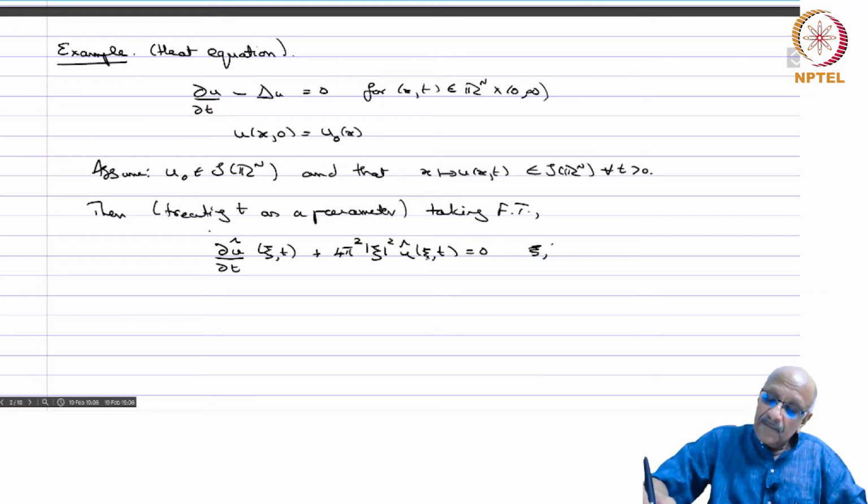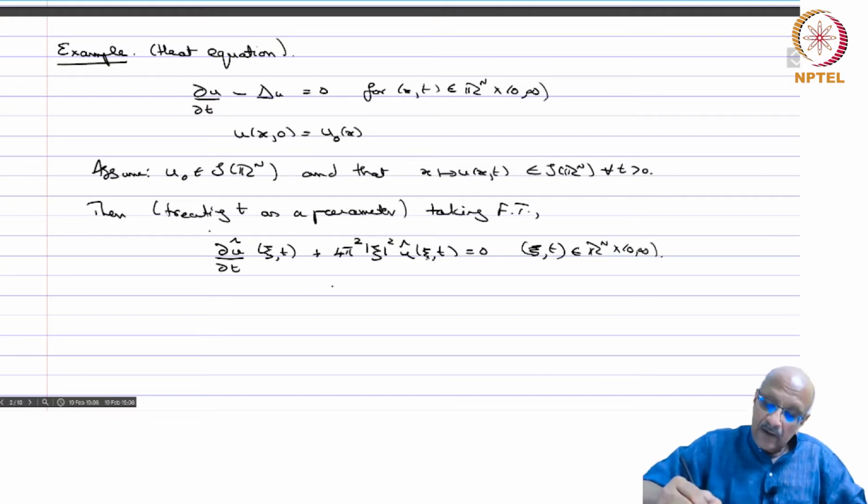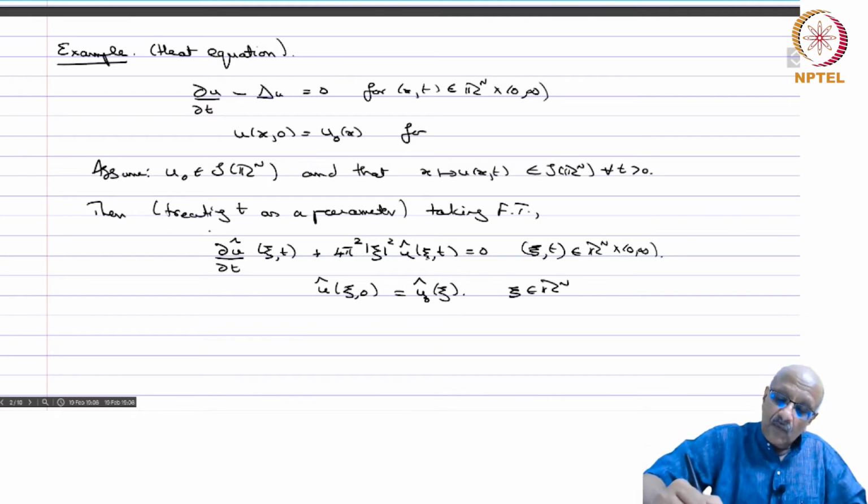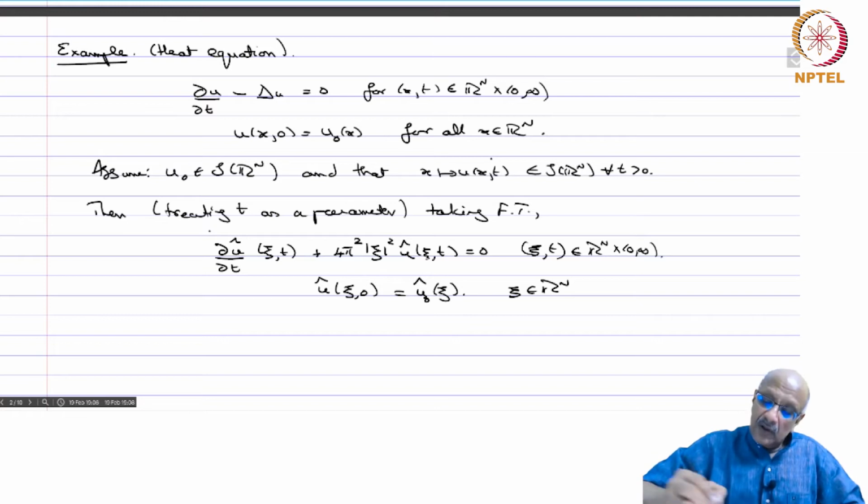This is for xi, t in Rn cross 0 infinity, and you have u hat of xi, 0 equals u naught hat of xi. I have just taken the Fourier transform. This is true for all xi in Rn. So now you just solve this, taking Fourier transform with respect to x, and now you treat xi as a parameter.